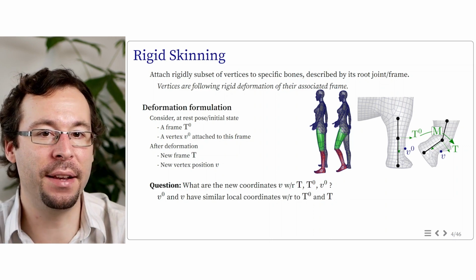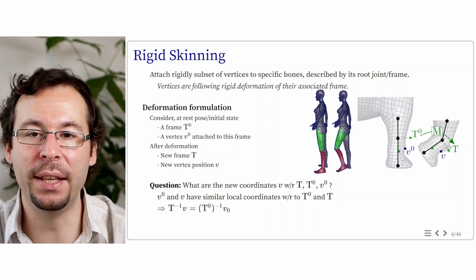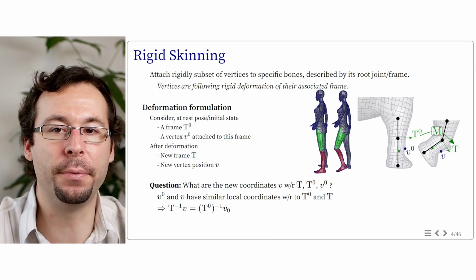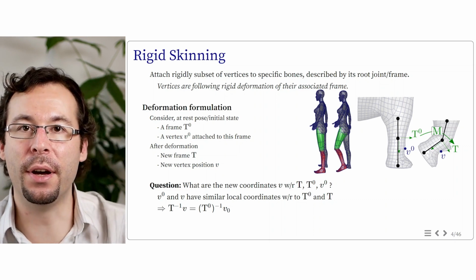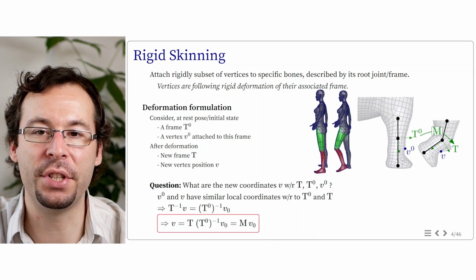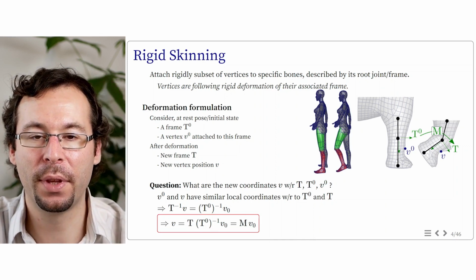So then we can say that the relative coordinates of V, which are T inverse times V, are equal to T0 inverse times V0, which ends up in the relation expressing the V coordinates, which is equal to T times T0 inverse times V0.